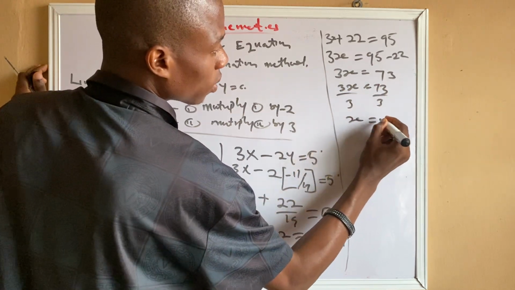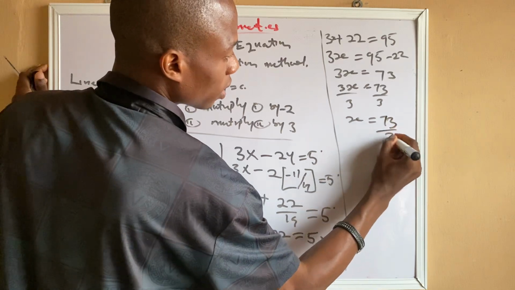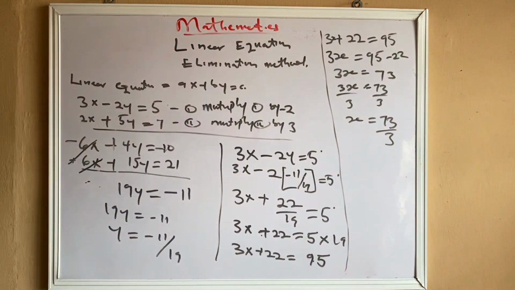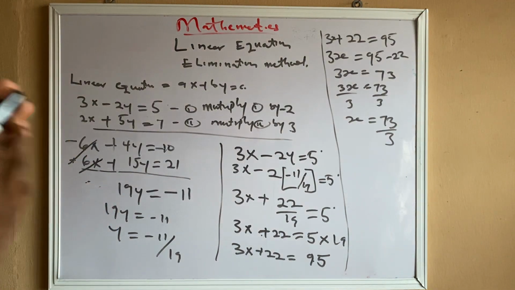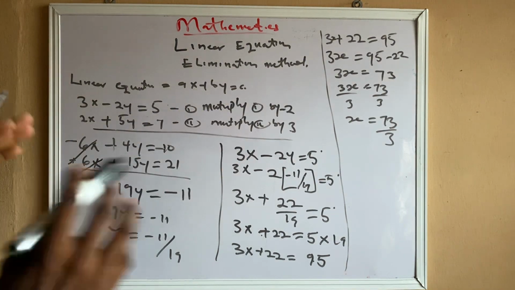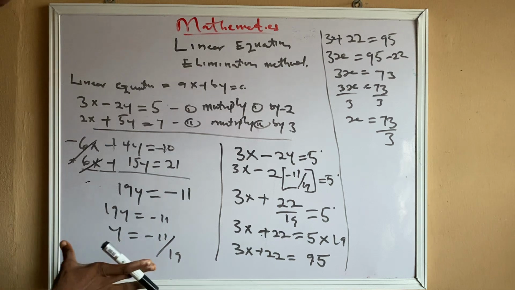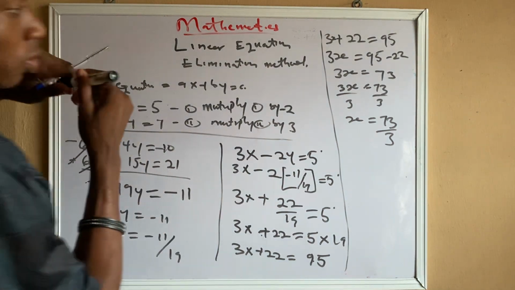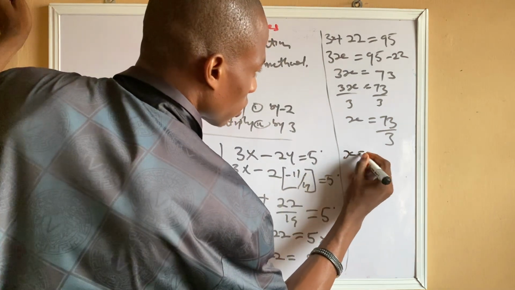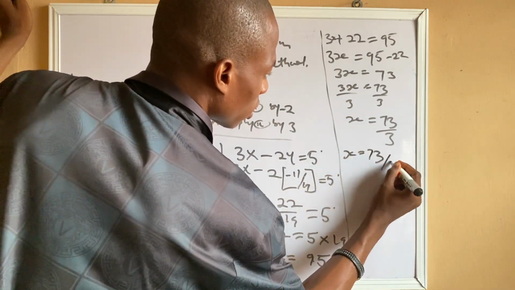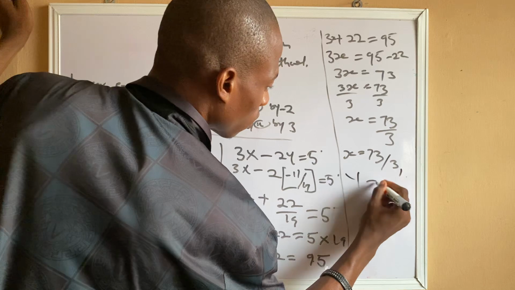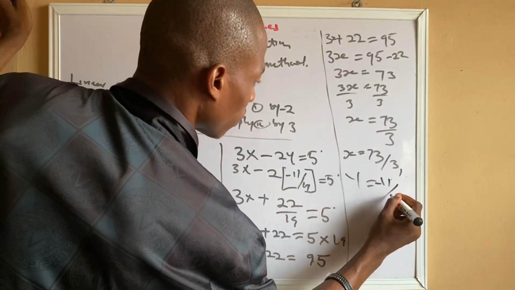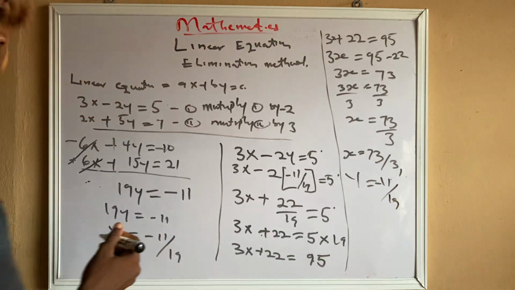Our x is now 73 over 3. That's the value of our x. That's the elimination method. We have already gotten the value of our y, which is minus 11 over 19. So our x is equal to 73 over 3, and y is equal to minus 11 over 19.